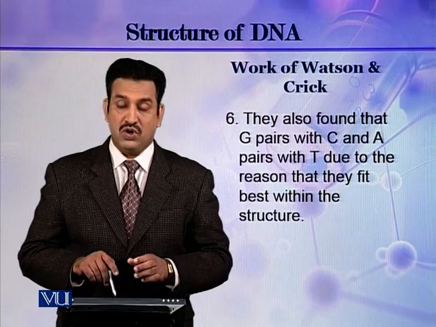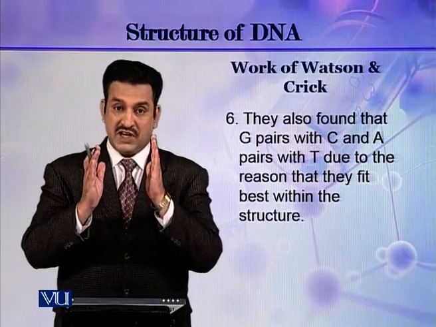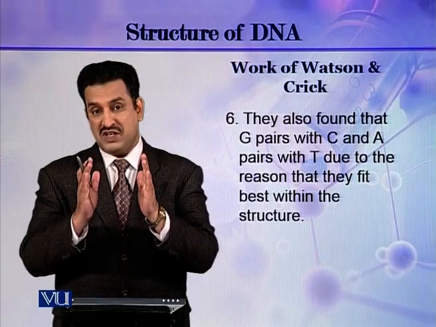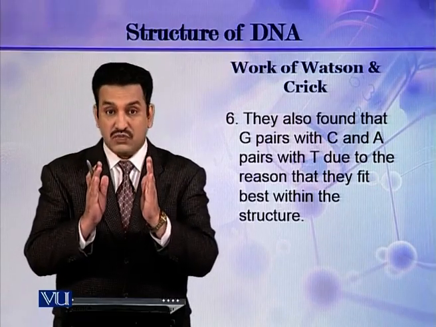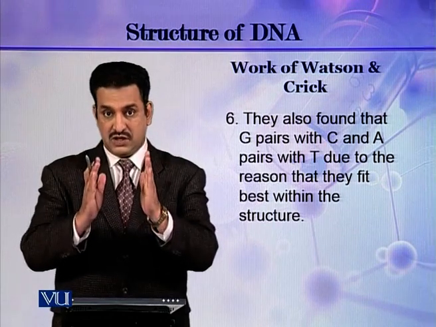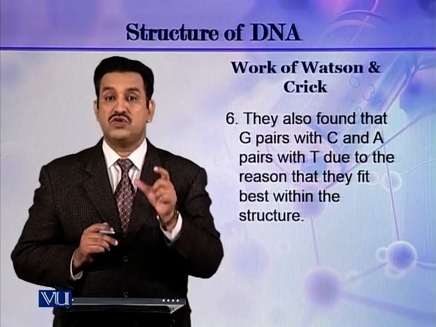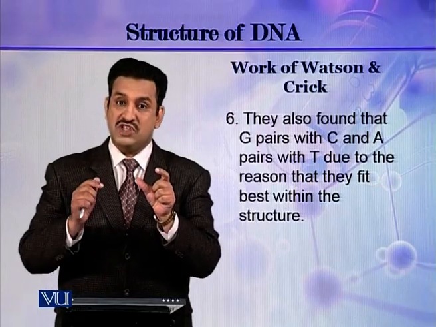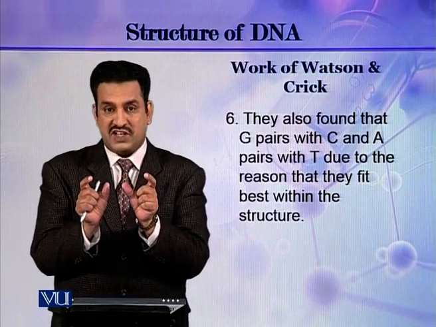Why? Because in a uniform helix, if A joins with T and G joins with C, they best fit in this helix. A, adenine, is a purine which is of larger size, and T, thymine, which is a pyrimidine, is of smaller size.